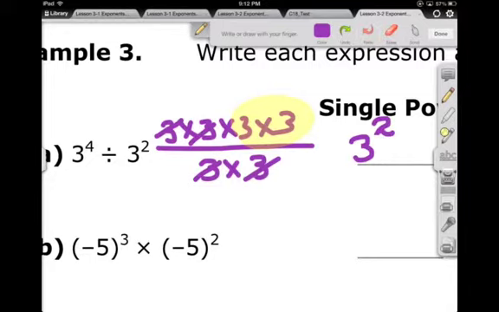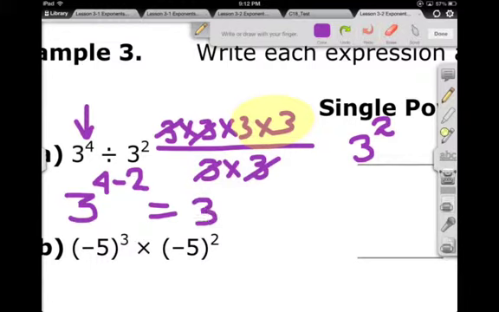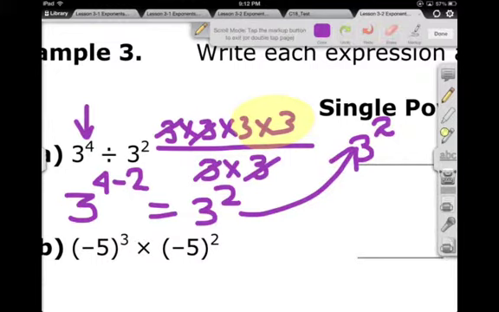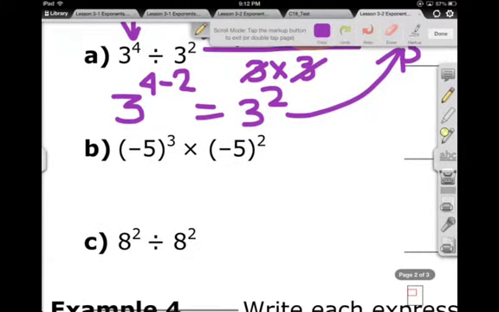Now, based on our prediction, we could have taken 3, taken the first exponent as it appears, this 4, and subtracted 2, and gotten 3 squared, or 3 times 3, and it turns out that prediction is accurate. So dividing similar bases, you can subtract the exponents. At this point, don't worry, we'll try to make sure you don't get negative exponents, but yes, they can happen.